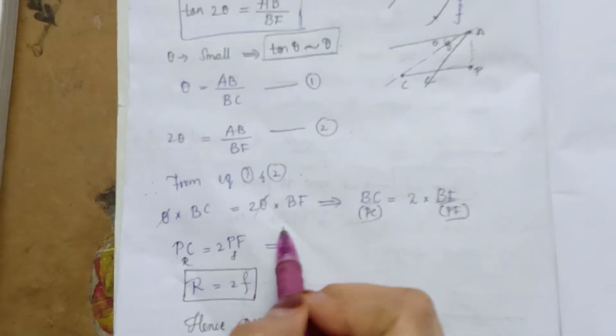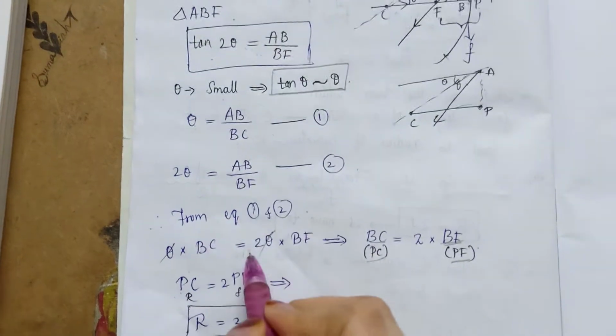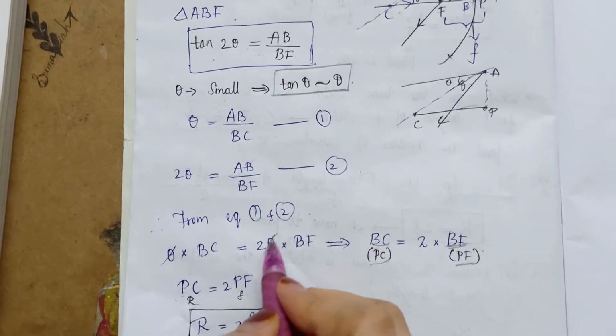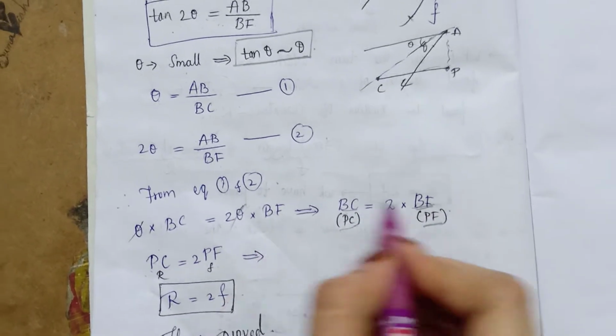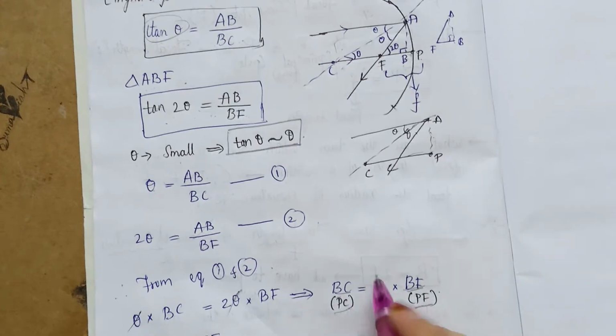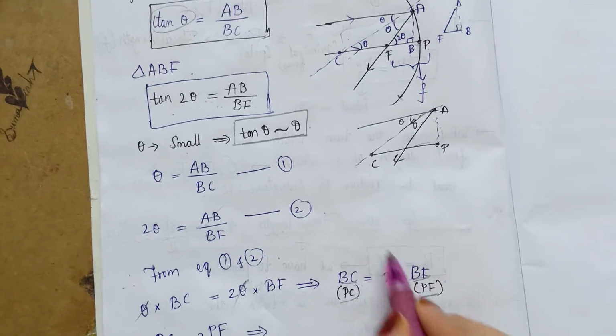From equations 1 and 2, we can see that theta into BC is equal to 2 theta into BF. Theta will get cancelled, and BC is equal to 2 into BF. And instead of BC we can write PC. How?